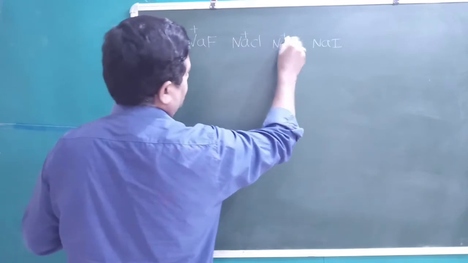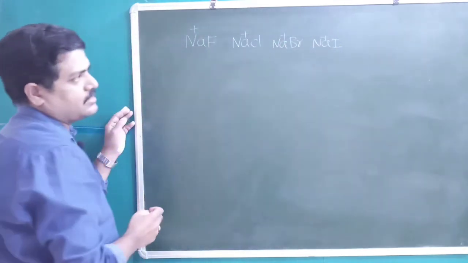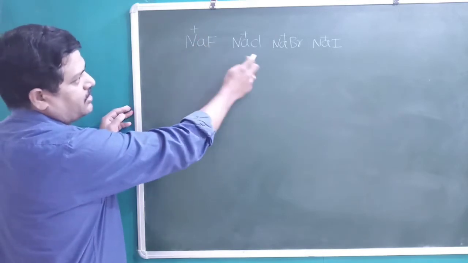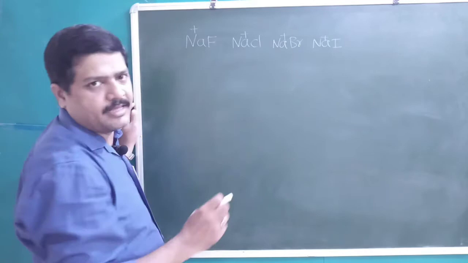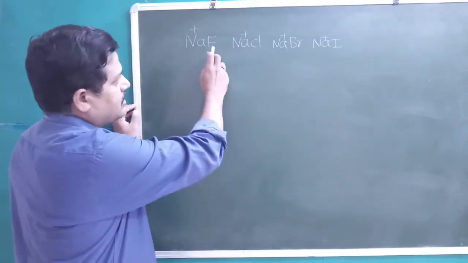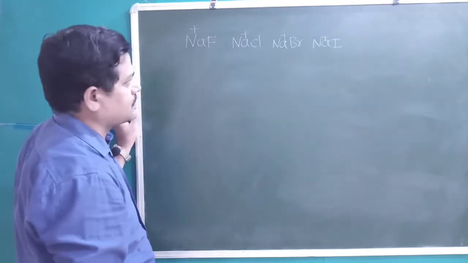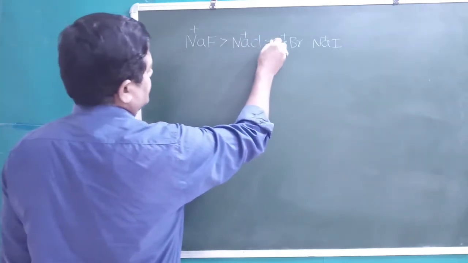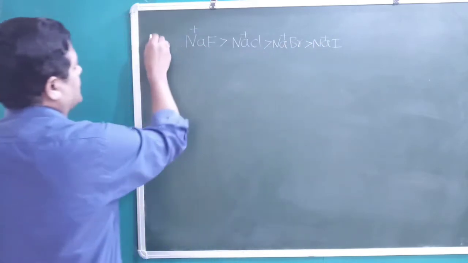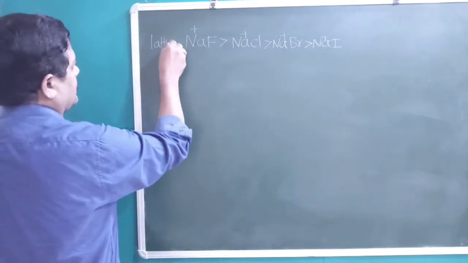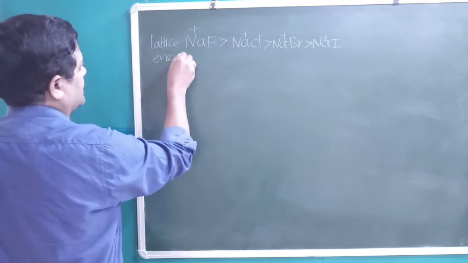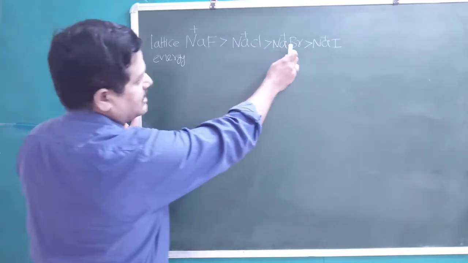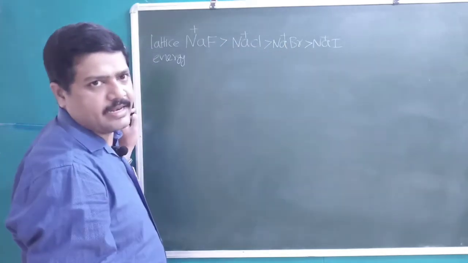All these elements, fluorine, chlorine, bromine, iodine, are 17th group elements. Down the group, the size of the ions increases. As the size of the ions increases, lattice energy decreases. So the lattice energy order is NaF is greater than NaCl, which is greater than NaBr, which is greater than NaI.